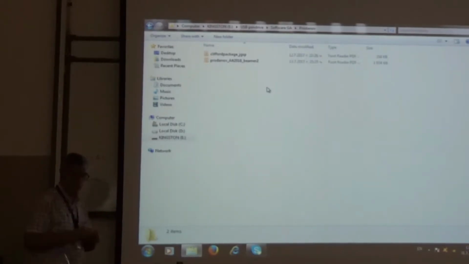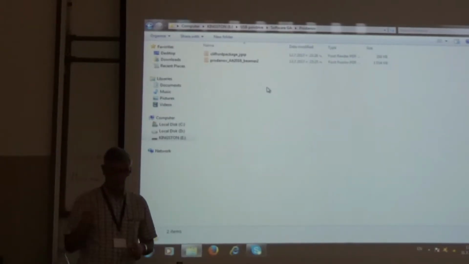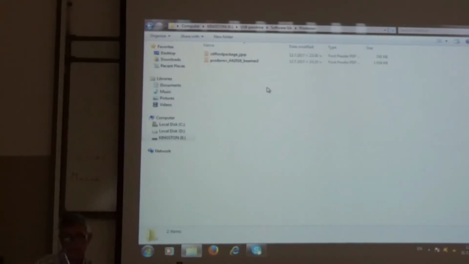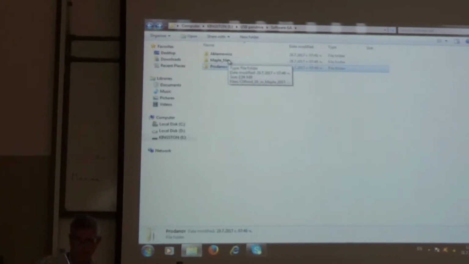And he will give us a lecture on Friday and will explain all this. Okay. And the other things, the Maple files, are the software of Abramovich. Maple is not clear in its license, and I hope that we will be able to work with Maple at the lab. Yes.